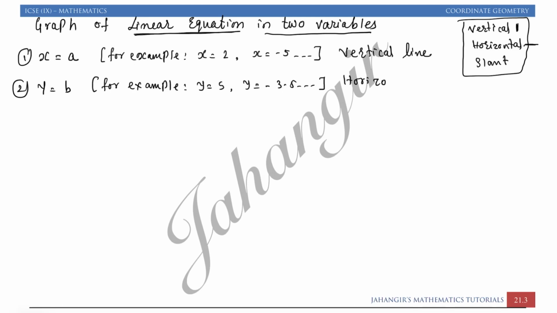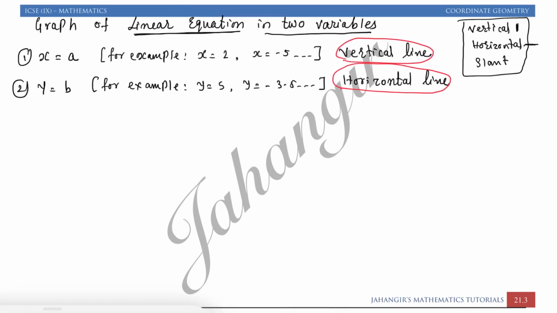How to draw the vertical line and horizontal line, we will discuss in our exercise part, but this is just a concept you have to remember: vertical line, horizontal line.